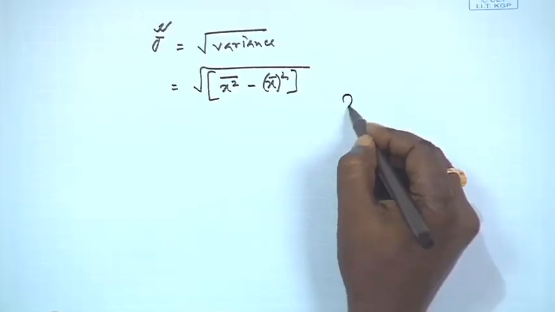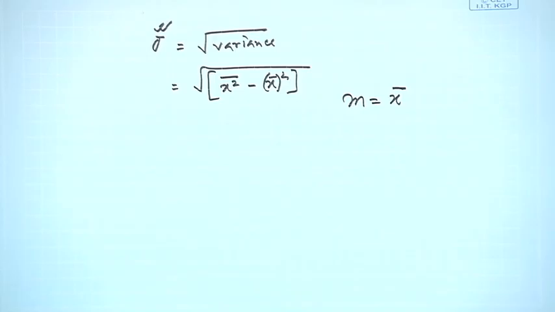That m was actually x bar, and you can verify that. Take that Gaussian distribution, plug in x into p(x), integrate it, and you will always get this m back, where the Gaussian was defined by x minus m whole square divided by 2 sigma square. Again do that variance calculation, and you will get back this sigma. Okay. So, this is what happens.